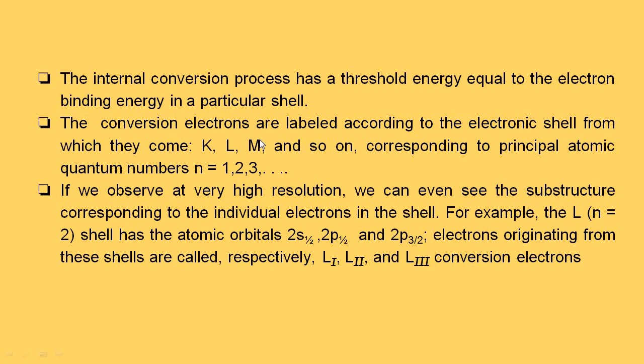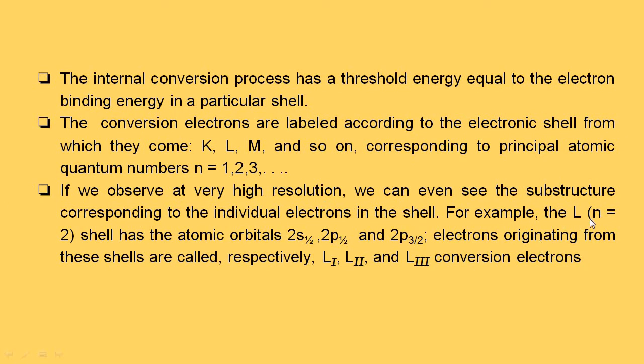The conversion electrons are labeled according to the electronic shells from which they come. For example, K, L, M and so on, corresponding to principal atomic quantum numbers. As you know, it is 1, 2, 3. If we observe at very high resolution, we can even see the substructure corresponding to individual electrons in the shell.